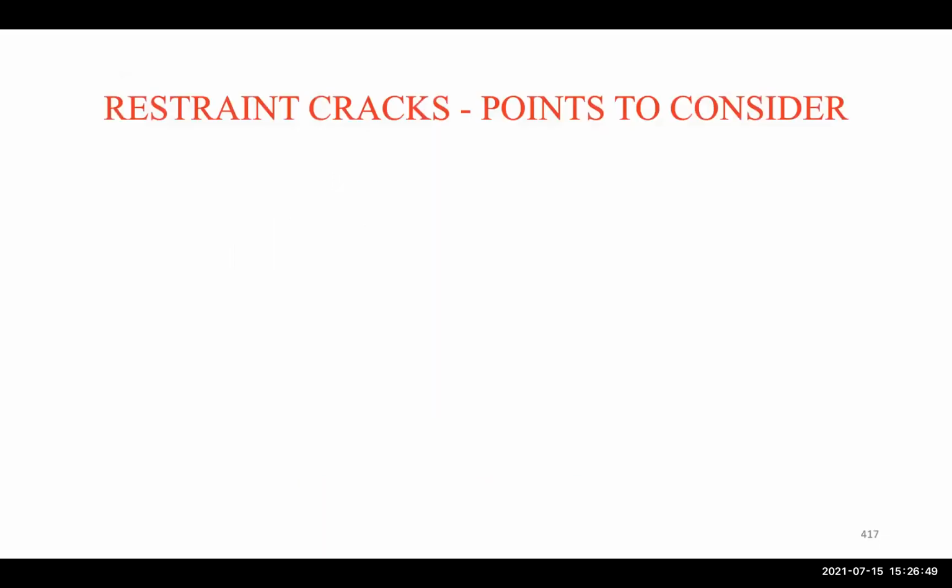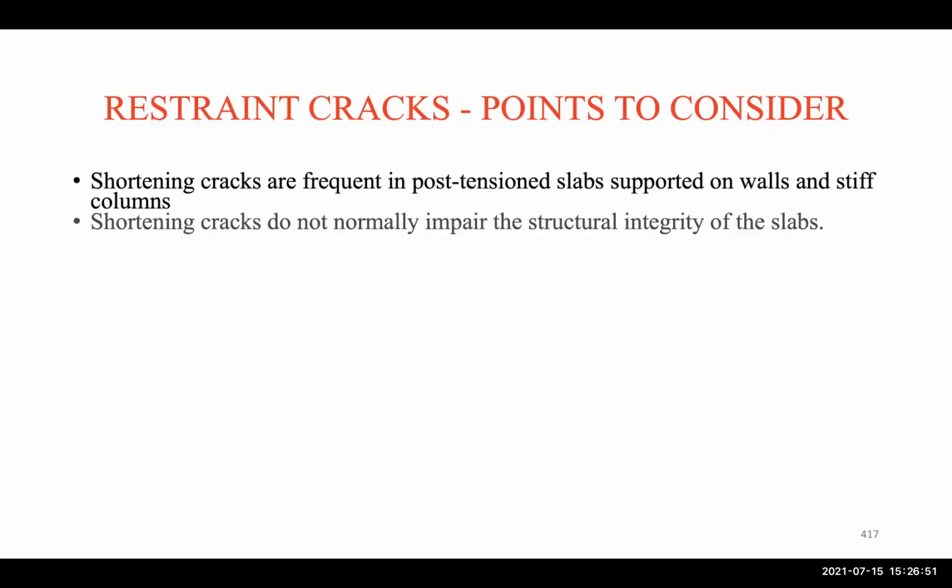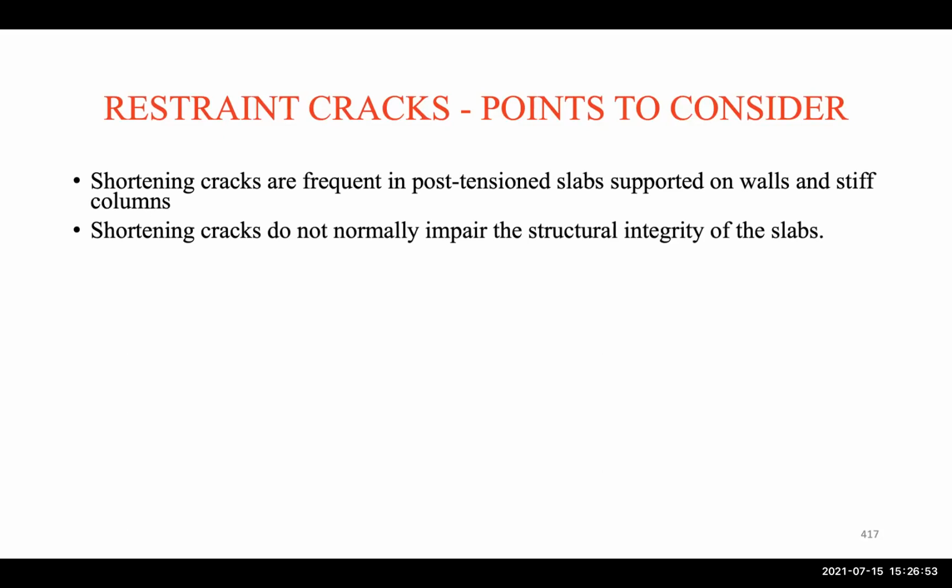So that's important in detailing. Again, these are all detailing issues to prevent cracks. Nothing to do with the design. The design you did: the number of tendons you need, the spacing, what mild reinforcement you need. But now everything depends on the detailing.